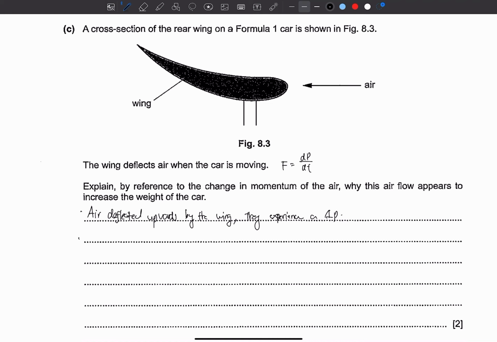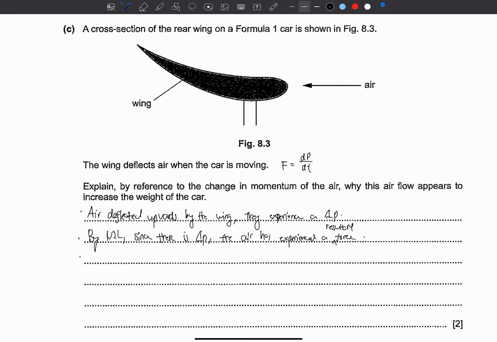Since there is a change in momentum, by Newton's second law, the air has experienced a resultant force.